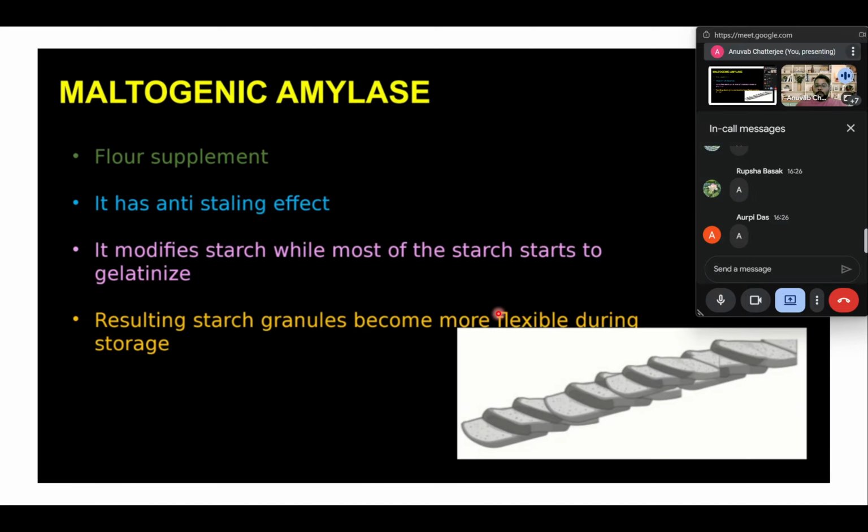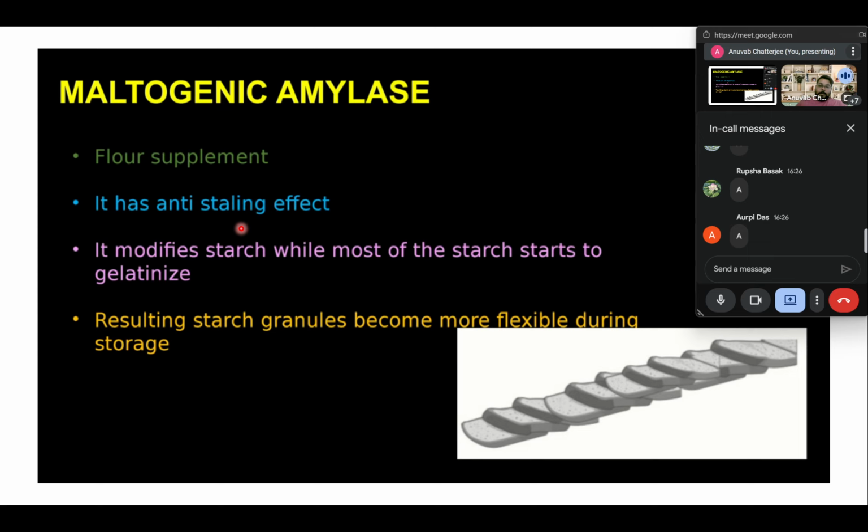So let us look at it. Maltogenic amylase is also a different enzyme that can be expressed, and you just harvest and isolate the protein and it can be used in a particular industry. This is also used in the dairy industry as well as in the production of flour. So it is a supplement for flour.